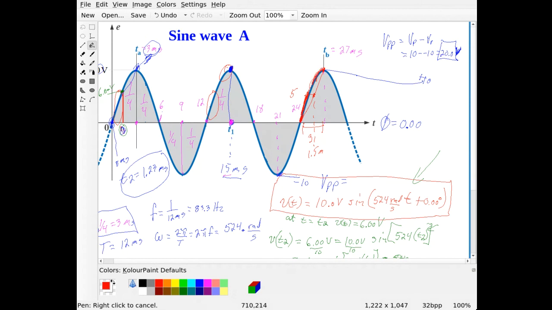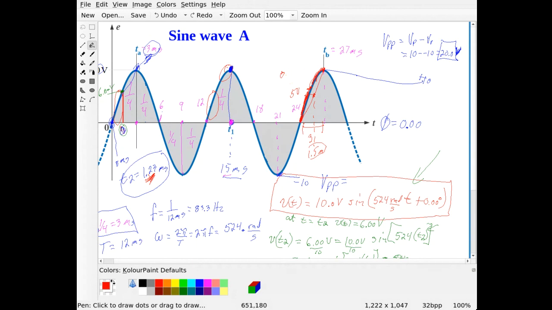So it's actually reaching 5 volts in about 1 millisecond, or actually 0.999 milliseconds.